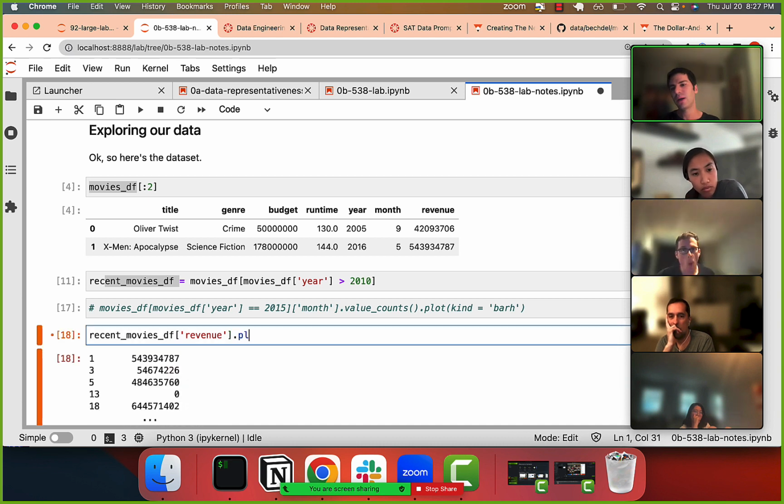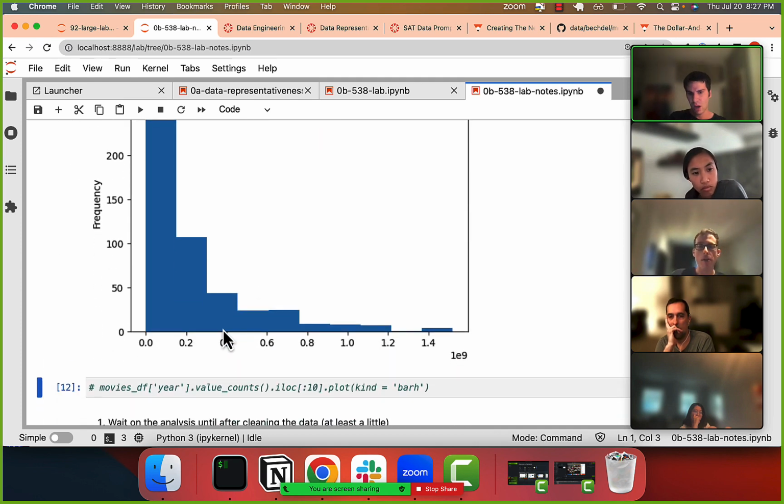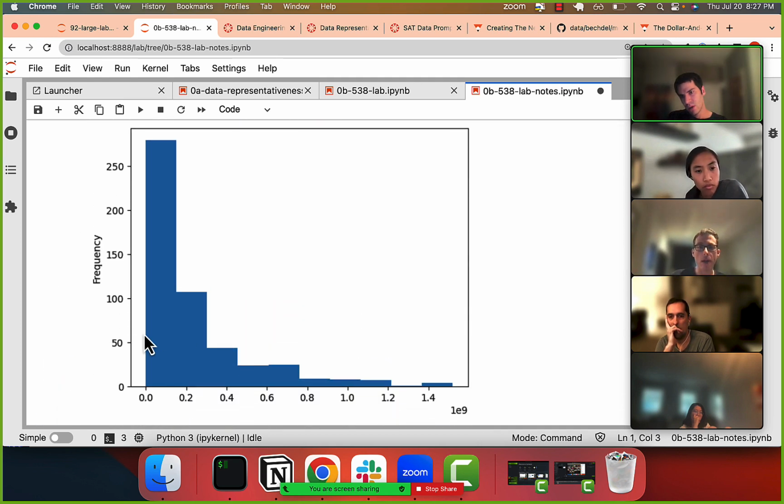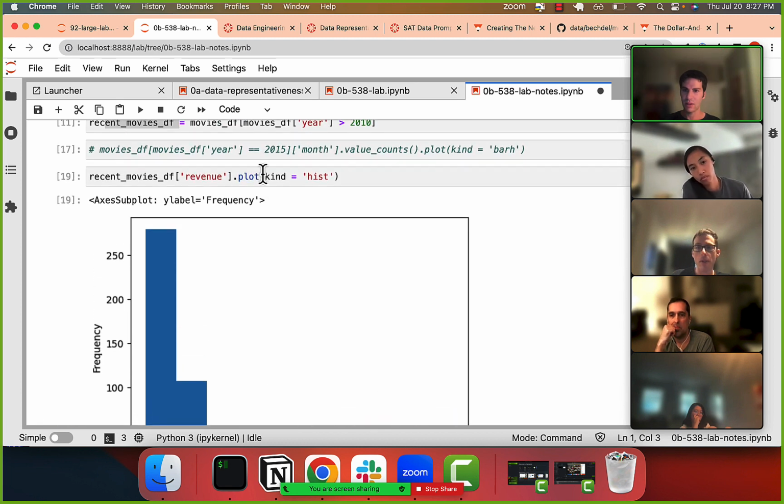And again, maybe you just plot kind equals hist, right? To just take a look. One thing we notice, there's a lot near zero. Now, this data is a little hard for me to interpret. Probably part of it is that it has outliers.